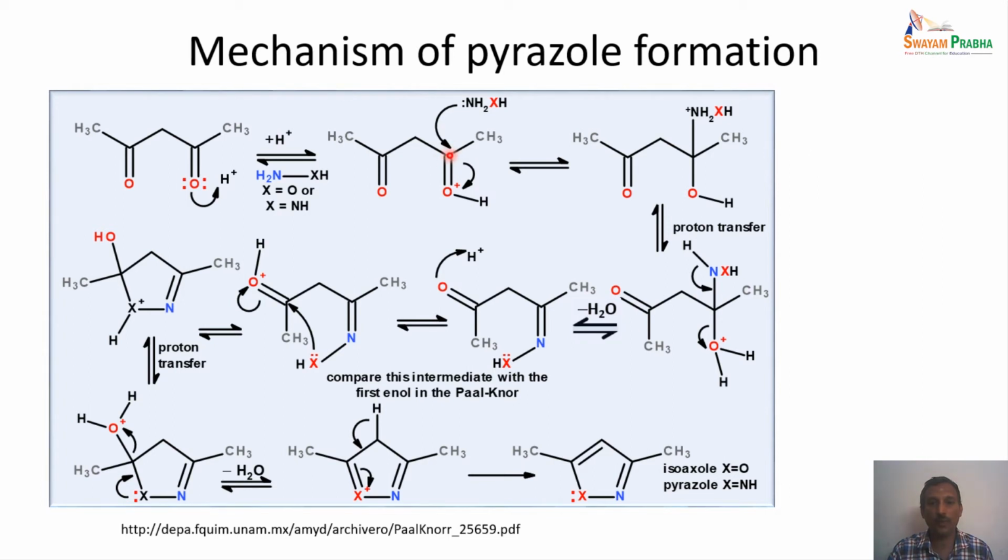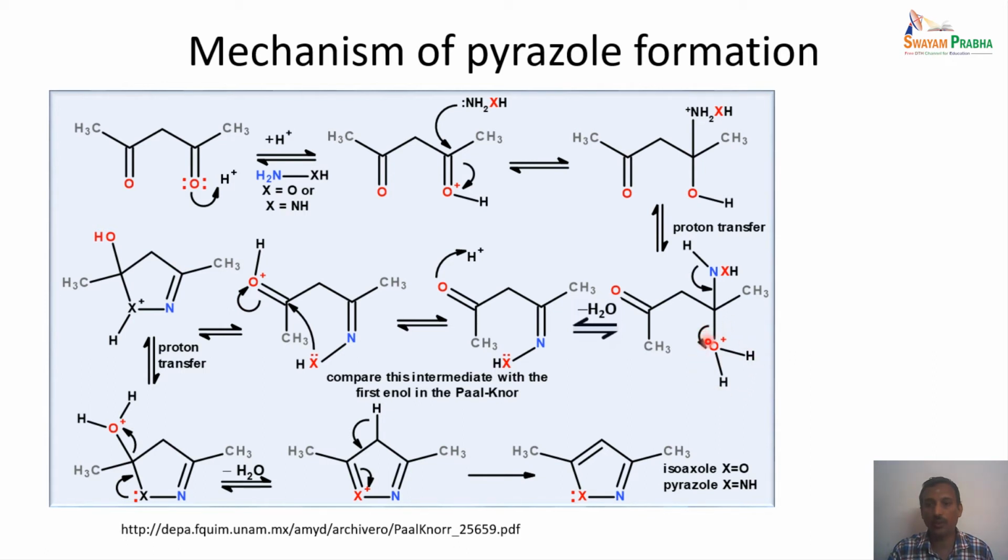Since this carbon becomes electrophilic, the lone pair from the nitrogen attacks here, so we end up with this particular intermediate. This undergoes proton transfer, meaning one of the hydrogens from this nitrogen moves to this oxygen, and during this process we have an oxonium ion.